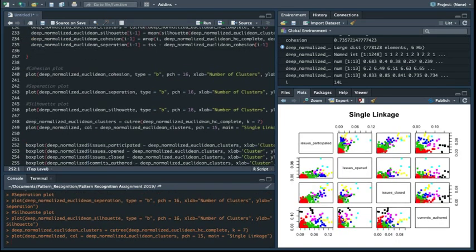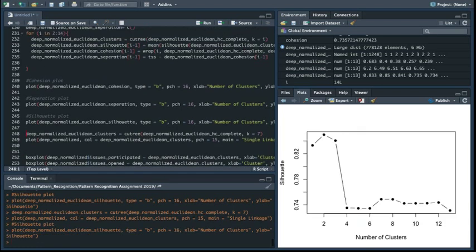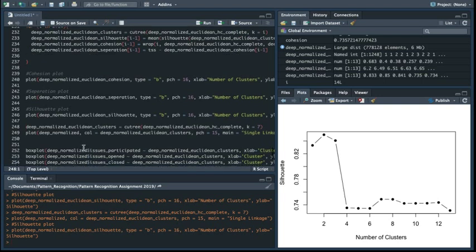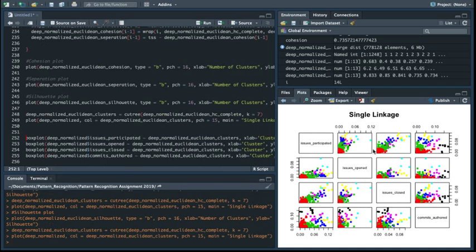So what we did was to take the elbow technique and use 7 clusters, which is the highest value with the highest number of clusters that we can take. And that's how we clustered our data again.